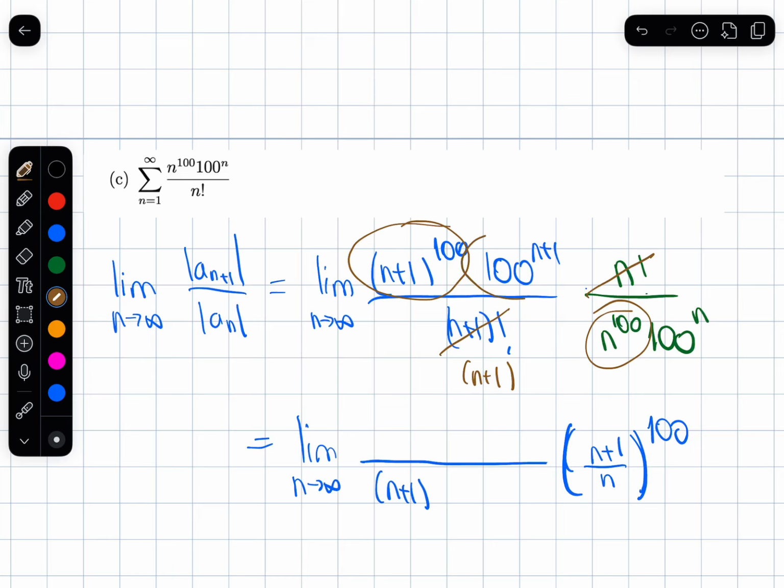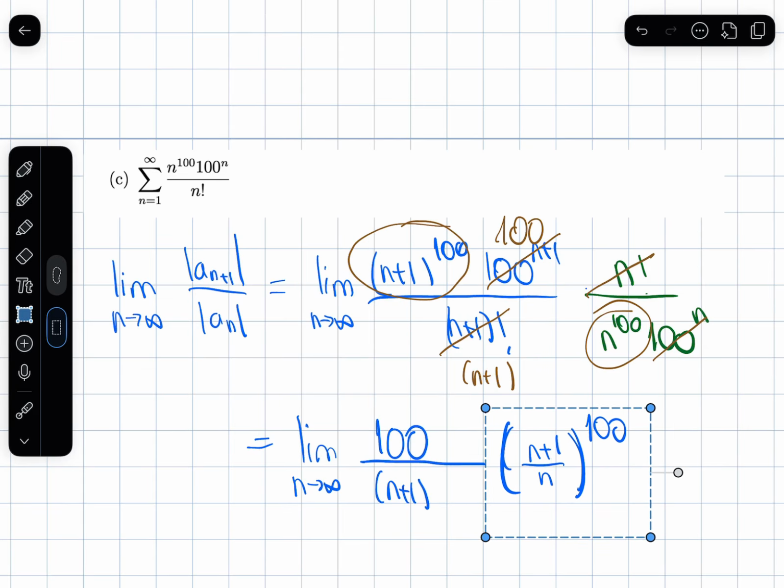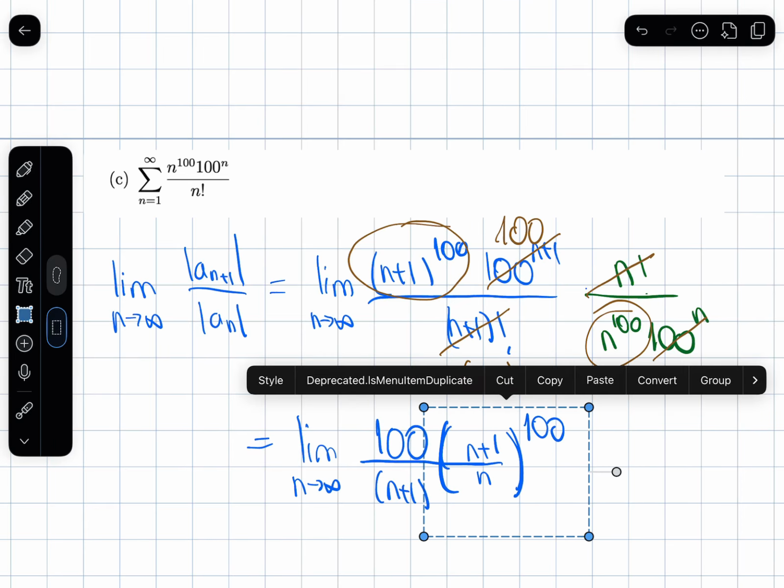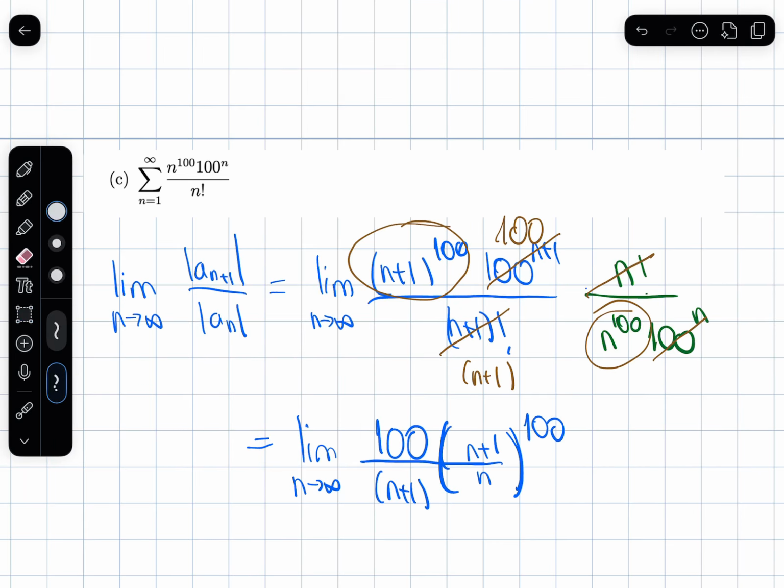And then these I can cancel out as well to get a 100 left at the top. So there's a 100 right here. And so that is what I get. I'm taking the limit of this. That wasn't very neat. Taking the limit of this when n goes to infinity.